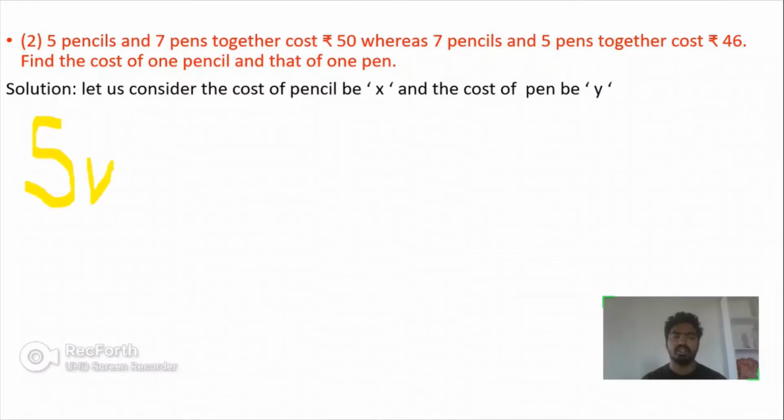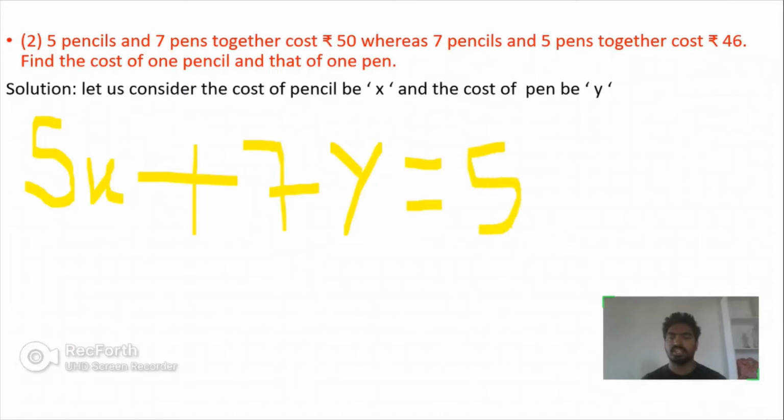So 5 pencils cost 5 into x plus 7 pens, that is 7 into the cost of each pen y, that is 7y, which is equal to 50 rupees. So this is the first equation.